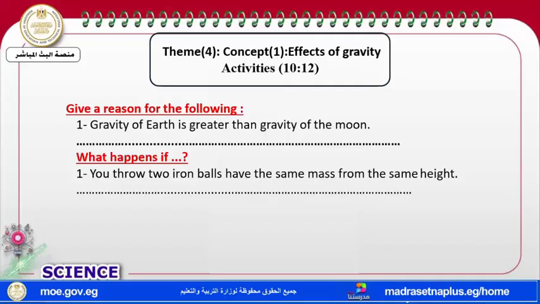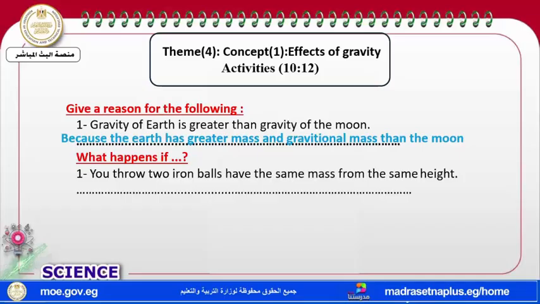Give a reason for the following. The gravity of the earth is greater than the gravity of the moon. That's due to the difference between the earth's mass and the moon's mass.